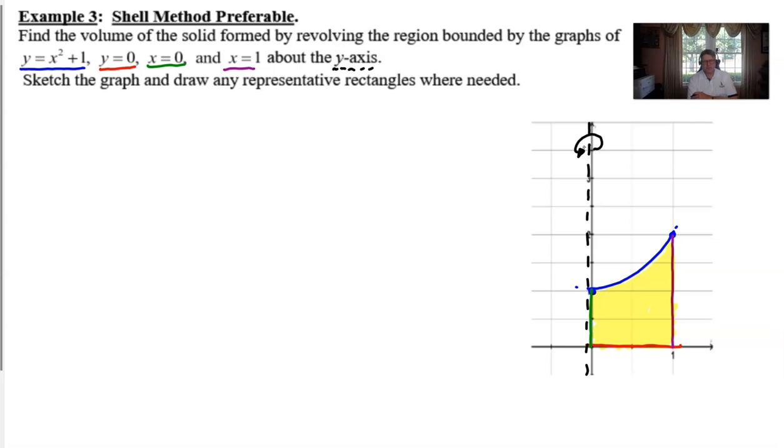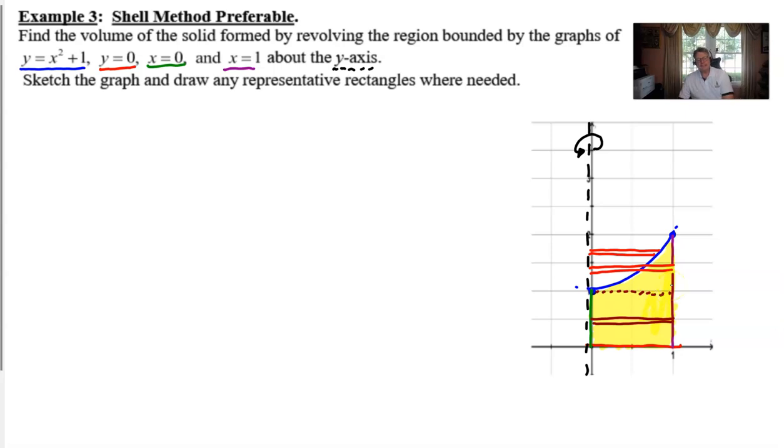And if your answer was yes, you are correct. You have to use both of them, don't you? Up here, we're going to have a washer method because we have the two representative rectangles indicated like that, right? But down here, we only need one representative rectangle because there is going to be no hole. Right about here is where the rule would change, right?